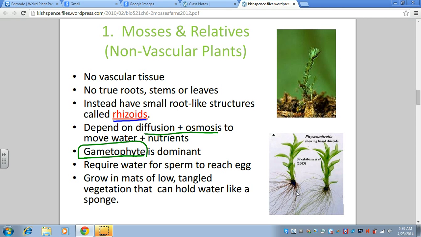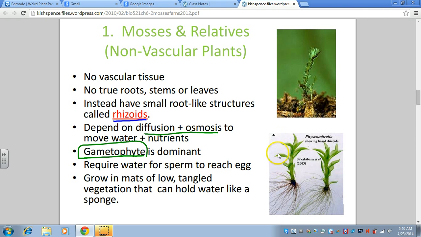They depend on moisture, so they have to have lots of water around because they don't have conducting tissue. They depend on diffusion and osmosis instead to move water and nutrients between cells. We said earlier that the green plant that we tend to note as being the moss is the gametophyte stage.